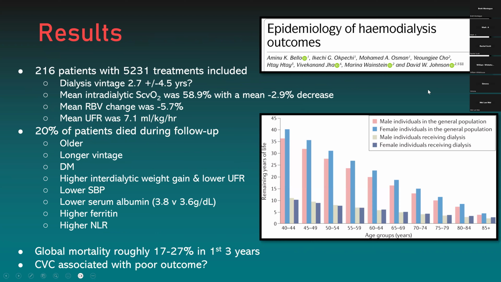In terms of results, these pictures are not from this actual paper, but they got 216 patients with just over 5,000 treatments overall. I was a little bit confused, and please, someone, if I'm being silly, tell me, like I might be missing this, but the dialysis vintage was reported with a mean of 2.7 years and a standard deviation of 4.5 years.